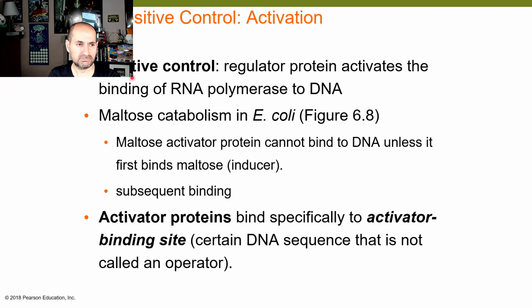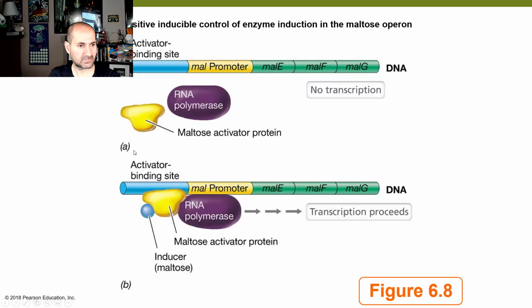Now we're hopping to positive control. Remember, positive control means we are dealing with an activator. And don't forget, activator binding sites are upstream of promoters. They are in front of promoters. So in the case of a positive inducible control system, positive means an activator is involved.